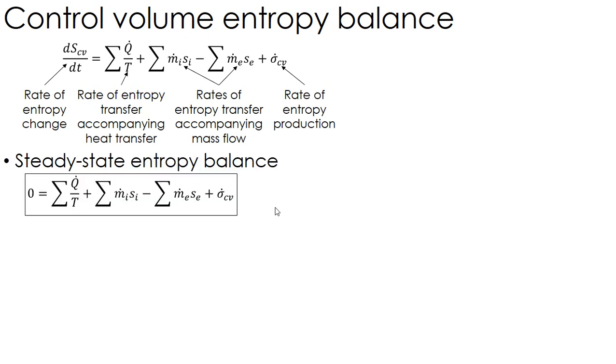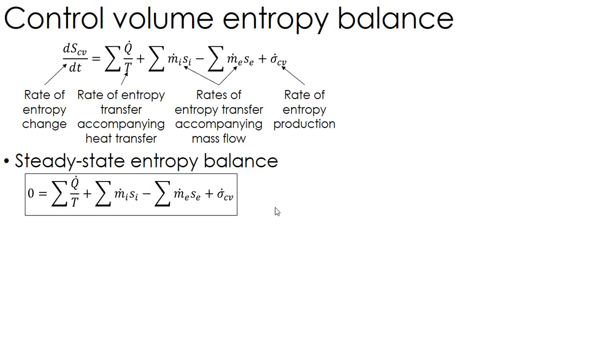Now, the equation that we actually use in this course is our steady state entropy balance. That's when the rate of entropy change equals 0. Once you get up to steady state, there are no property changes, so within the control volume at any given time, the entropy is constant.